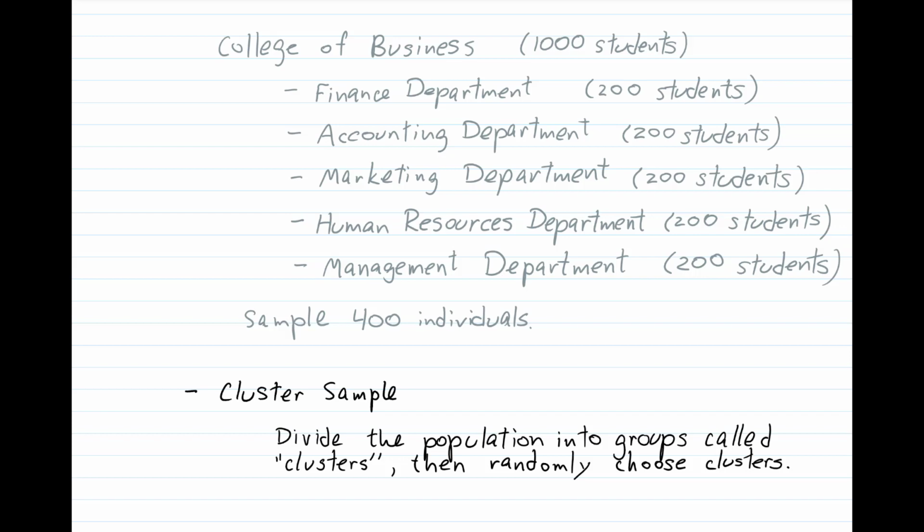And that would give you 400 individuals. Okay? Now I made the numbers here simpler so that they will match up.